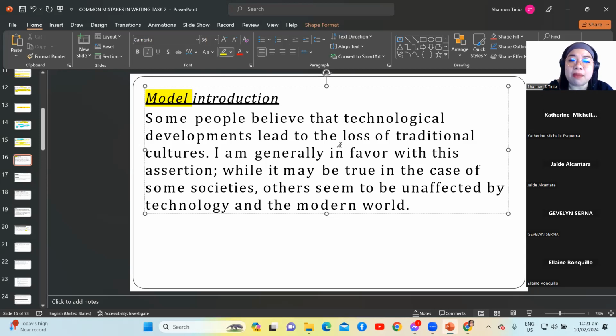Okay, this is a model introduction. Please read. Some people believe that technological developments lead to the loss of traditional cultures.